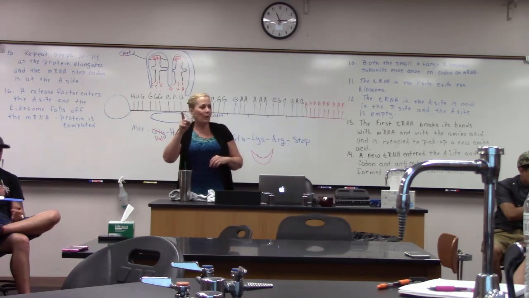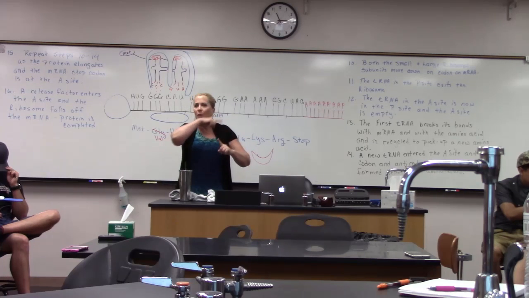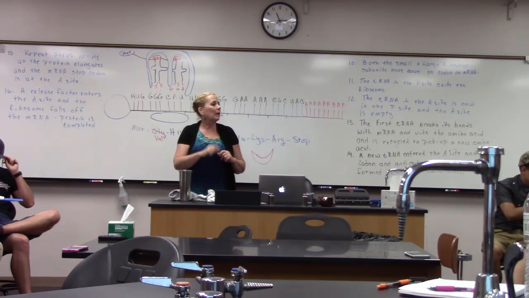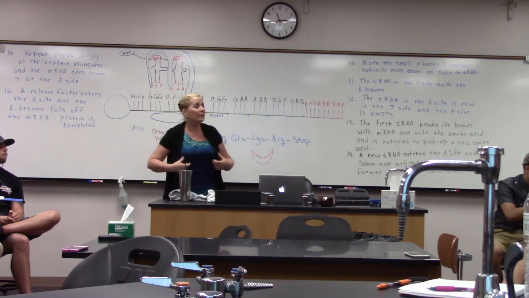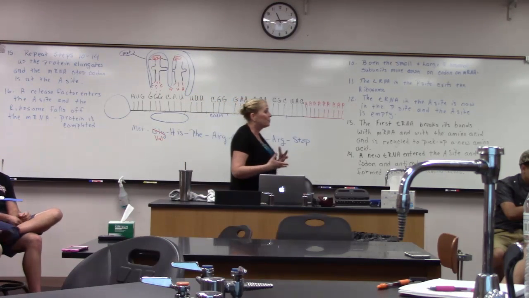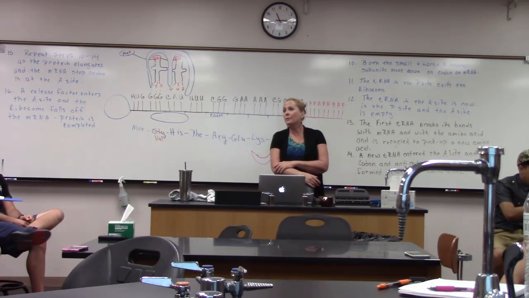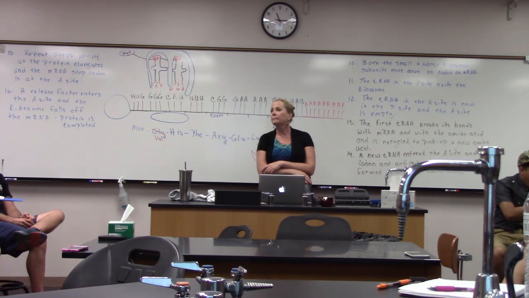So we never make one messenger RNA, use one ribosome, and make one protein. That's not how it works. We're making tons of these all at the same time. Matter of fact, some of our cells, at the peak of their production, can make 2,000 proteins per minute. It's pretty good. They're going pretty fast.